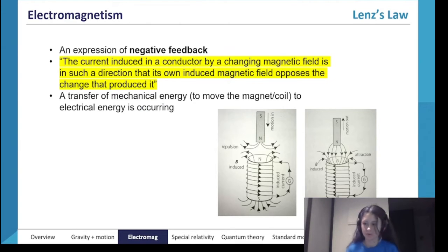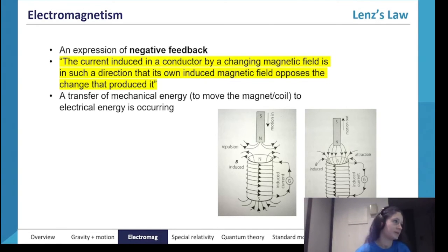Now getting on to Lenz's law. Lenz's law is, at least what I considered in year 12 to be, the most difficult part of electromagnetism. Lenz's law is an expression of negative feedback.